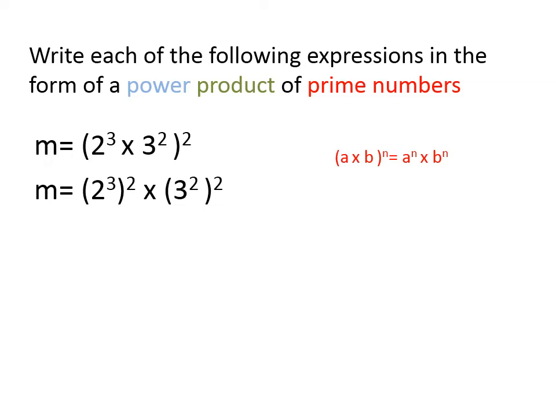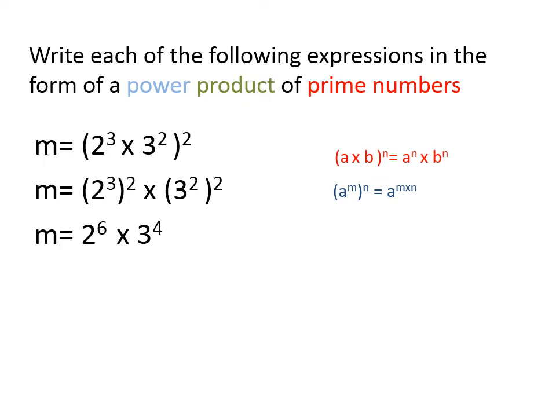Then we have to calculate it. The rule says (a to the power m) all to the power n is written as a to the power m times n. This means that we have to multiply the powers by each other. So (2 to the power 3) to the power 2 is 2 to the power 3 times 2, which is 6, times (3 to the power 2) to the power 2.